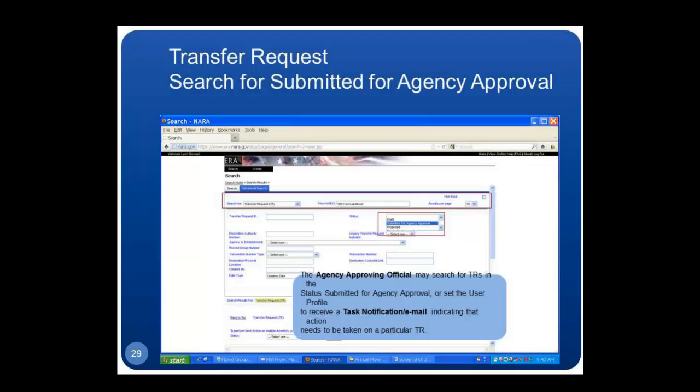At that point, once the form is reviewed, the form may be submitted to the National Archives through the same process just described, going to the pick list, highlighted in red, selecting submit or reject, if appropriate, for returning the form to draft status and returning the form to the transferring official that was working with it. But if submitting to NARA, selecting the submit button and go.